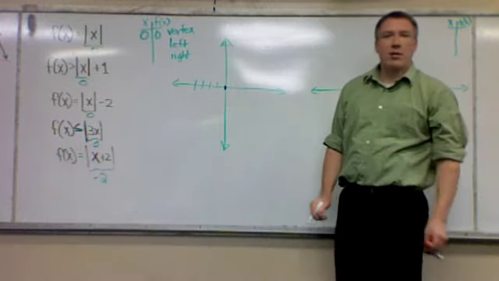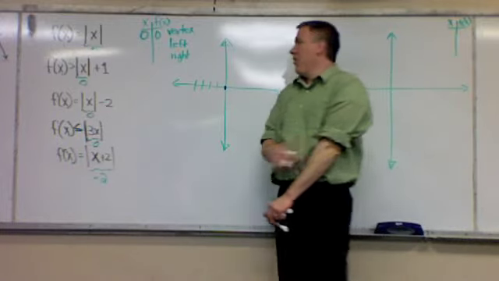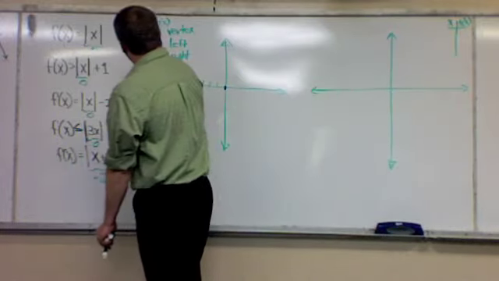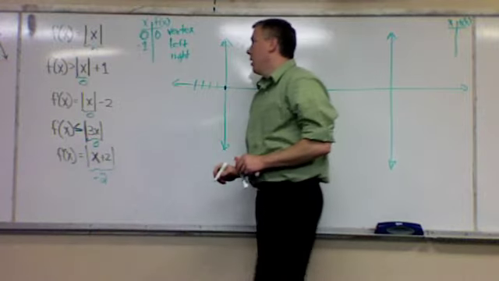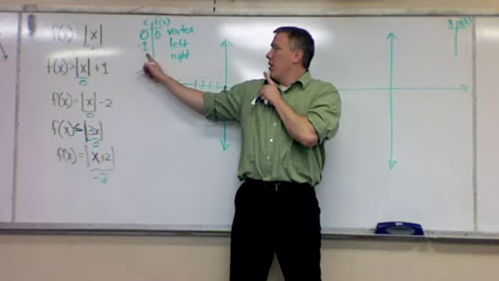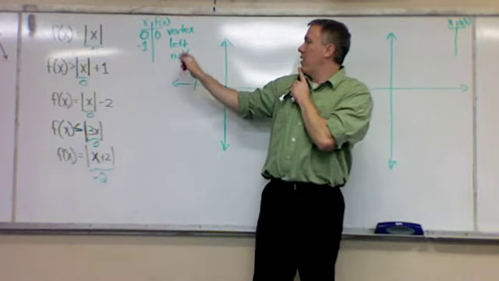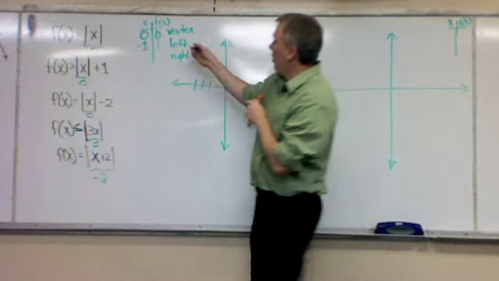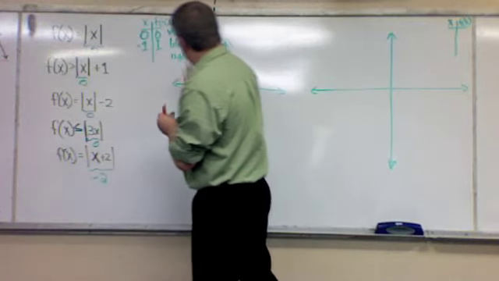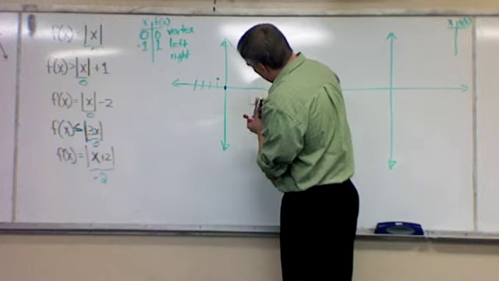Well, pick one. Okay, negative 1, there we go, I like that. So, if x is -1, and I plug it in, what's the absolute value of -1? 1. So now I have a point that's to the left. -1, 1. So that is about right there.